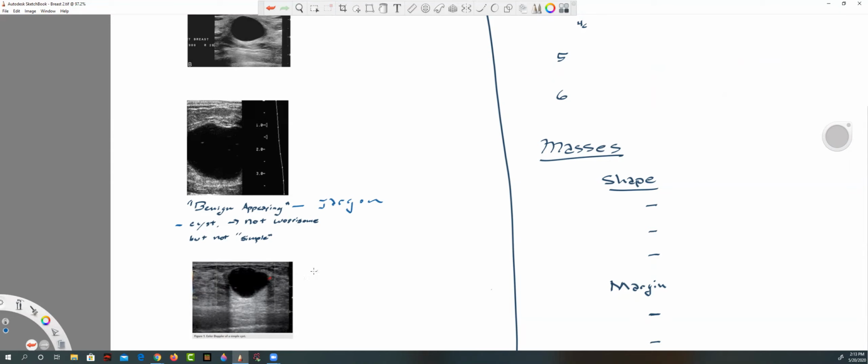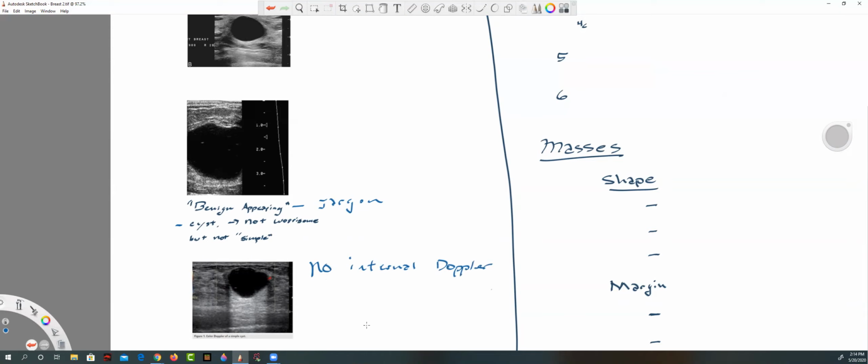And this one just shows a little color Doppler. This is another thing about simple cysts, not in the STAR designation, but another thing you could always look at. There's no internal Doppler or vascularity, so that's very important.